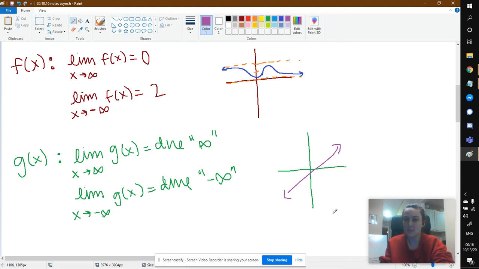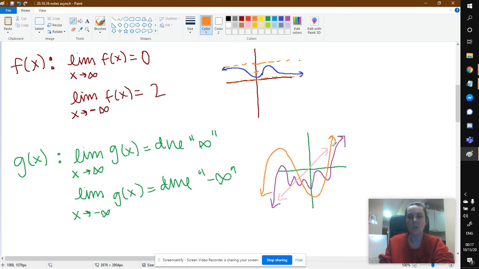That works. As we go further right, it's going up, and as we go further left, it's going down. We could also have this one. There are a lot of different functions that would work here, as long as the end behavior to the right is going to positive infinity and to the left is going to negative infinity.